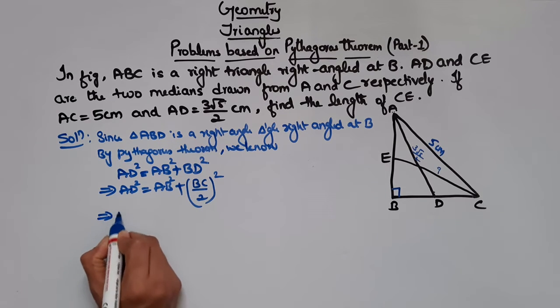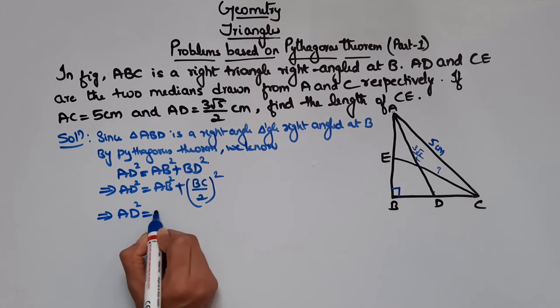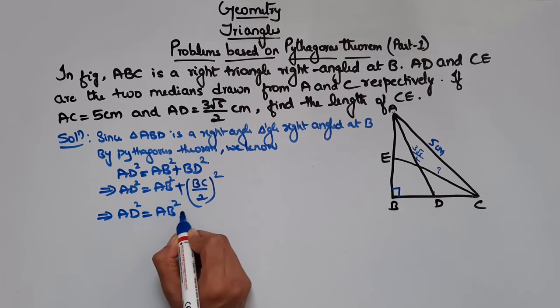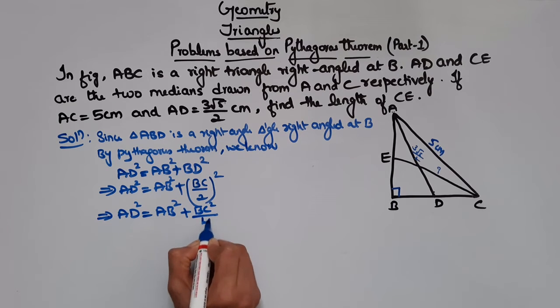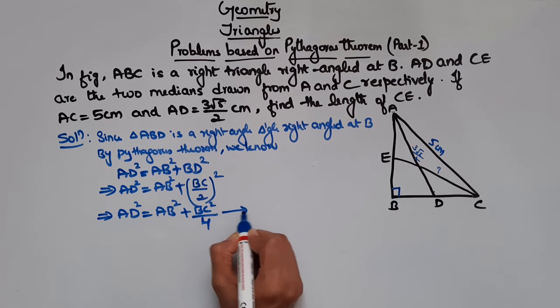So this implies AD square is equal to AB square plus BC square by 4, right? So let's take this equation as 1.